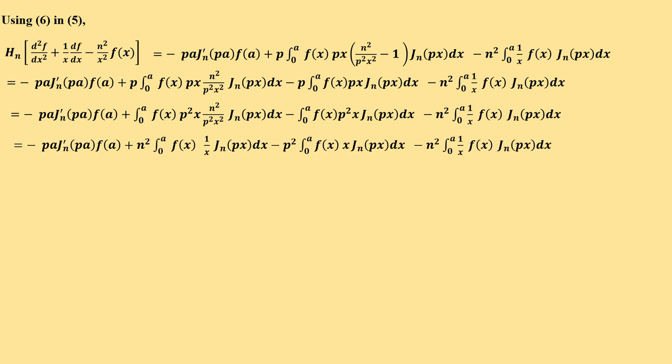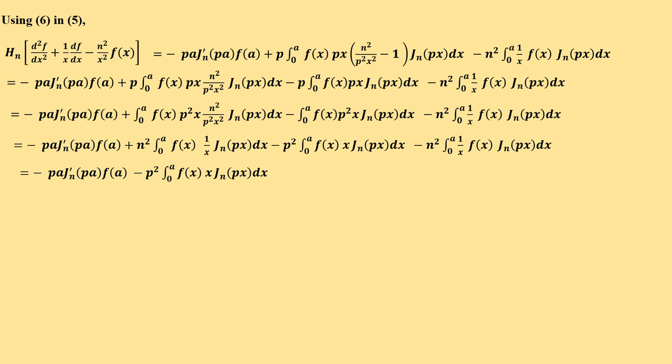pa Jn dash of pa f of a plus n square, f of x into, because p square x in the numerator, p square x square in the denominator, so remaining you have 1 by x, so f of x 1 by x into Jn of px dx minus, here you are taking p square outside, so integral 0 to a f of x x into Jn of px dx minus n square integral 0 to a 1 by x f of x Jn of px.